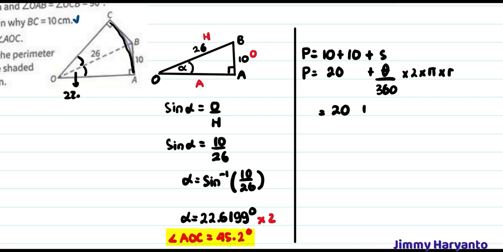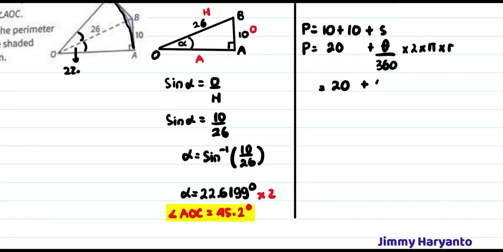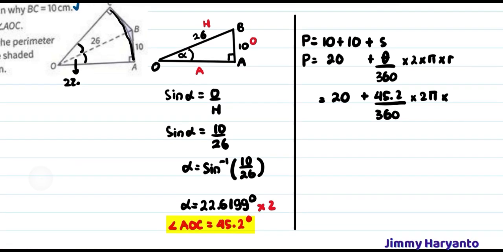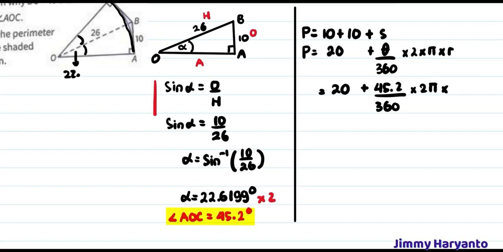So 20 plus the theta is 45.2 divided by 360 times 2 pi times the radius is, oh no, we have to find the radius first.